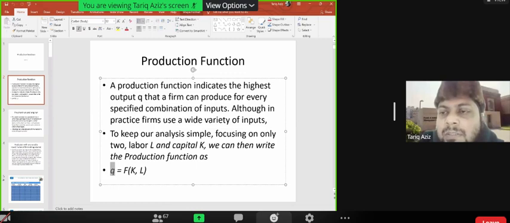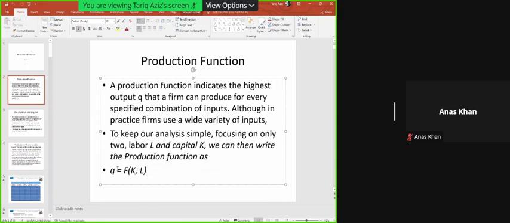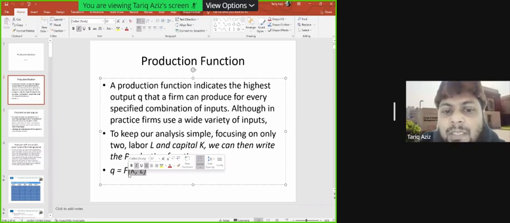In production function, we study the relationship between input and output. Output here is denoted by Q. Q is basically the quantity of output. And in this case, there are two inputs, K and L. K denotes capital and L represents labor.